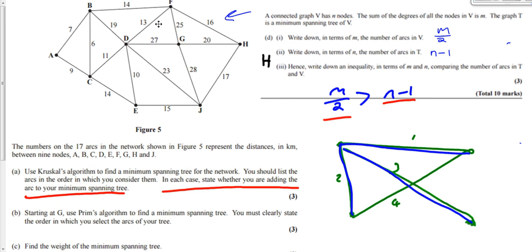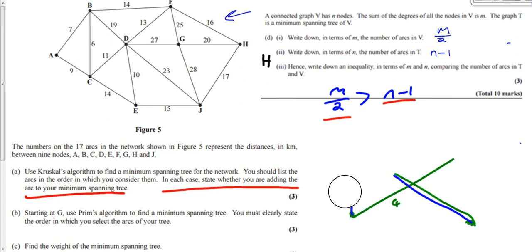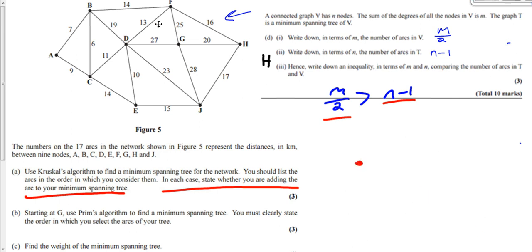There's only one time when that's not true, and that is in this sort of example here. If we take a very, very simple graph, and we've got 3 nodes, or 3 vertices, and they're connected like that.